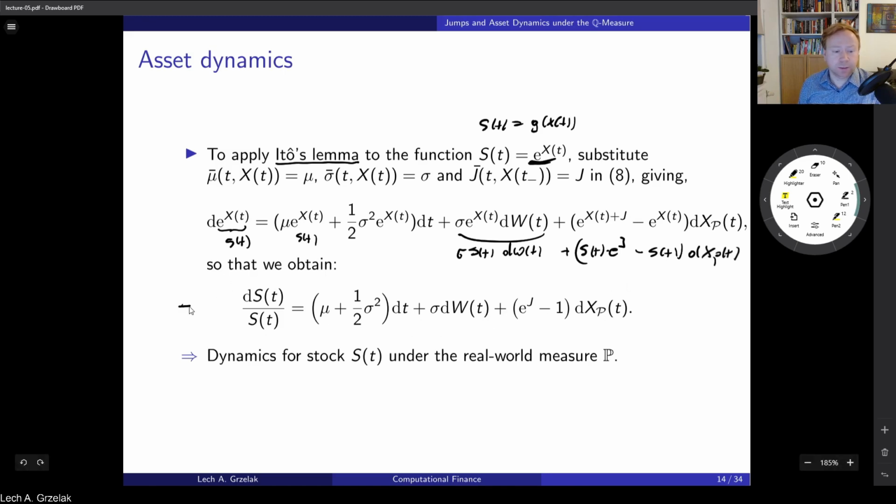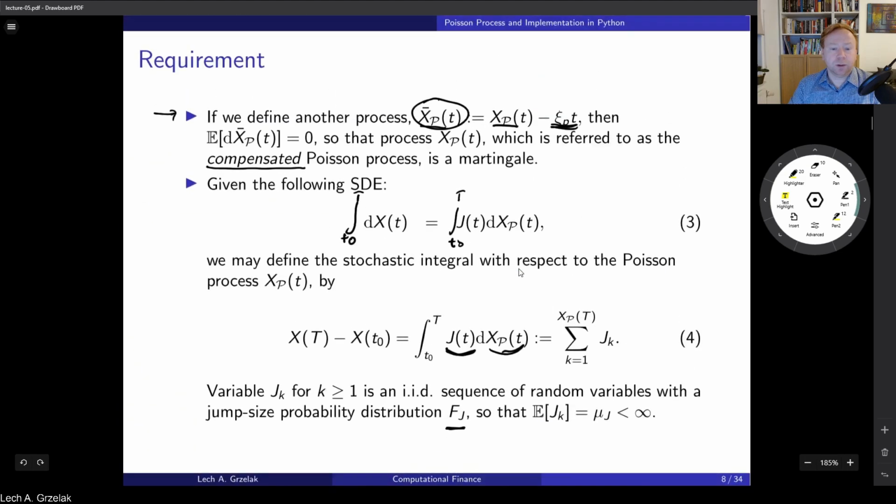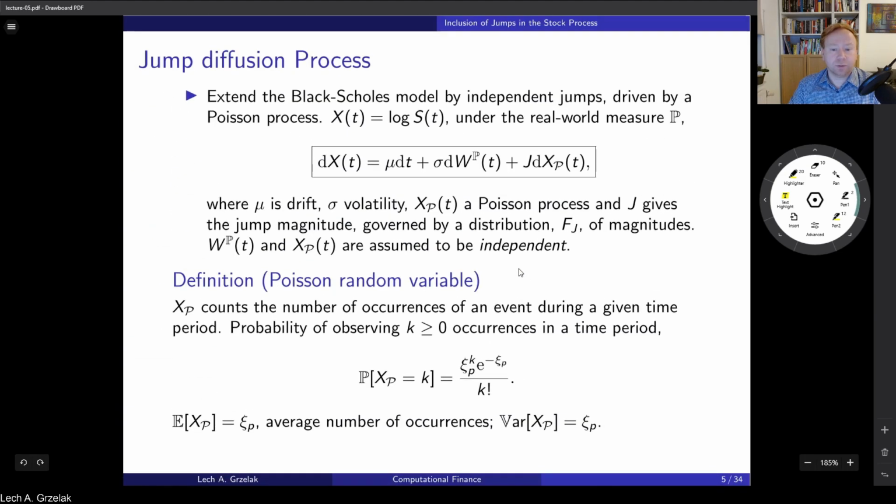And this is the dynamics of our stock once we have started with a process X involving jump and Brownian motion. If we go back to our starting point, we started with a process with a constant drift, volatility coefficient, and a jump.